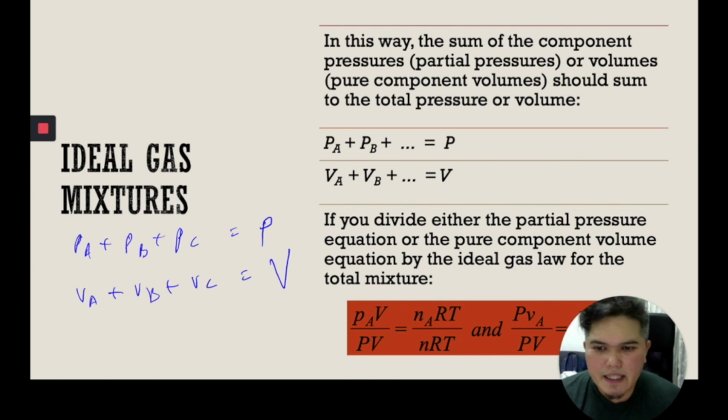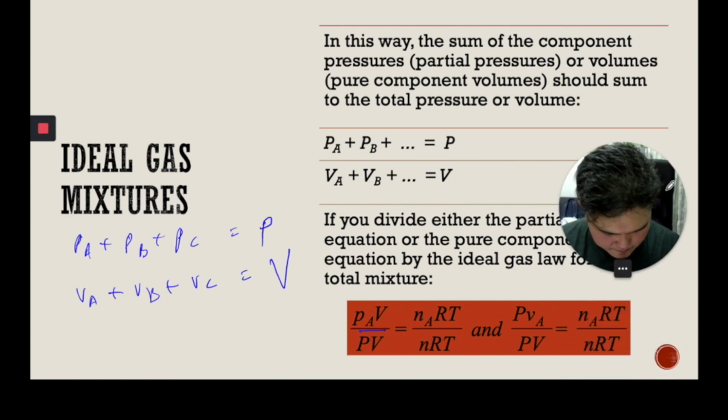So if you divide either the partial pressure equation or the pure component volume equation by the total mixture equation, let's say you have PAV divided by PV equals NART divided by NRT, and PVA divided by PV equals NART over NRT.